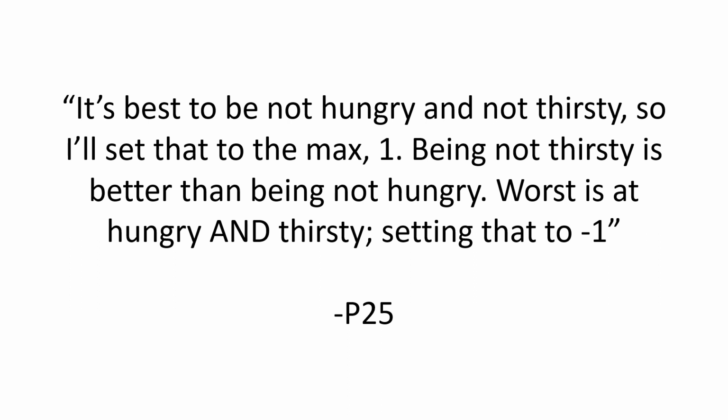Being not thirsty is better than being not hungry, and worst is at hungry and thirsty, setting that to -1." This myopic strategy focuses on the relative goodness of individual states, and it does not align with the RL optimization objective of maximizing expected discounted return. This strategy often leads to misdesigned reward functions, as it did for user P25.